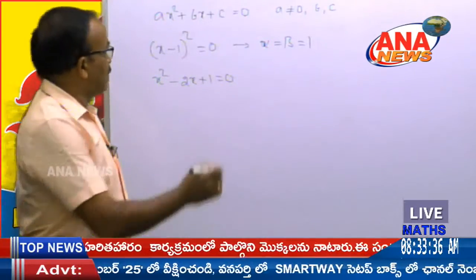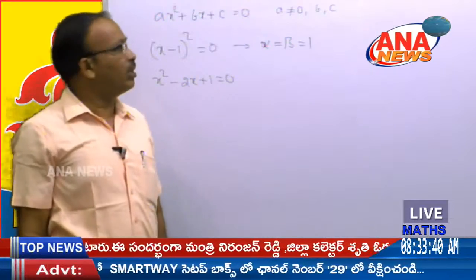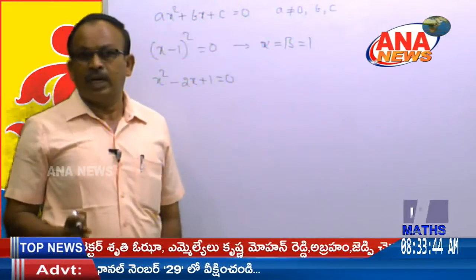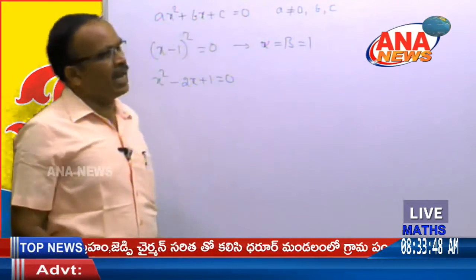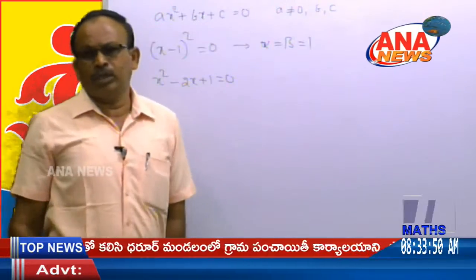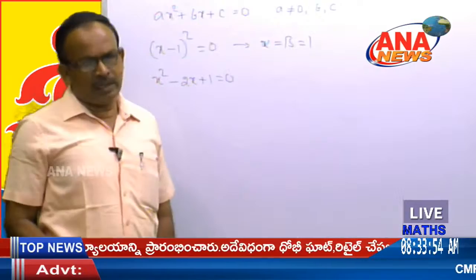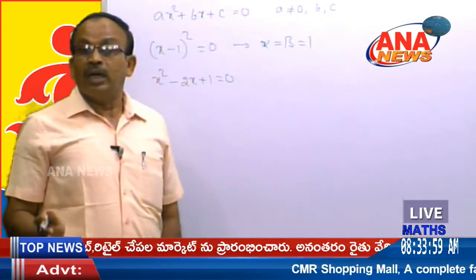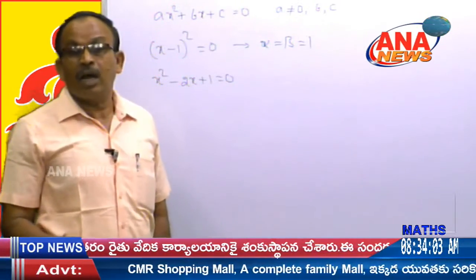Next, if a, b, c are real, with a not equal to 0, this equation has at most two roots. Suppose alpha, beta are the two roots. The two roots are real or complex.